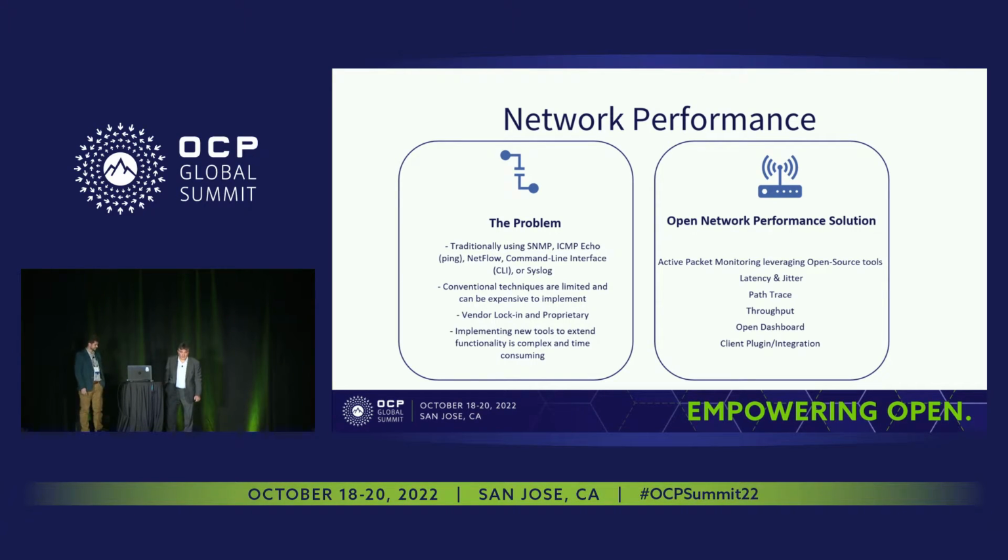Thank you, Hassan. I guess going back to network performance, the traditional problems with existing legacy type of environments, traditionally using SNMP, ICMP, Echo, NetFlow, CLI, and syslog messaging is that's typically used for performance management.